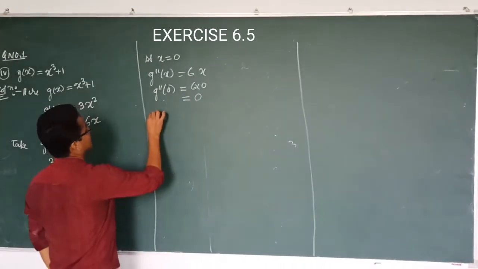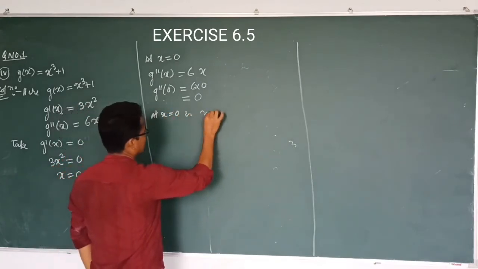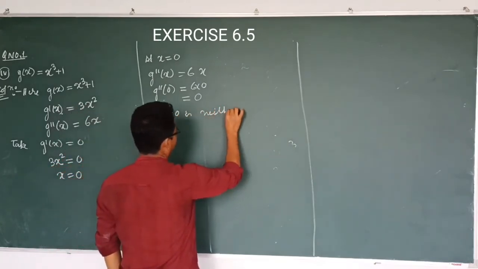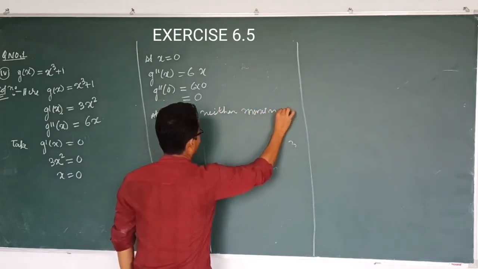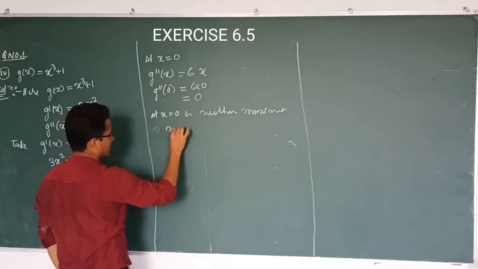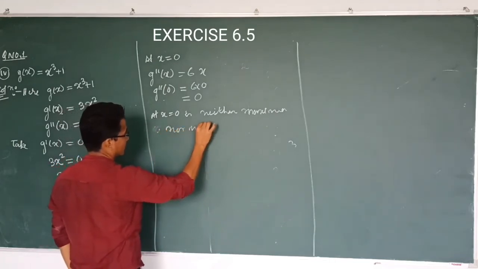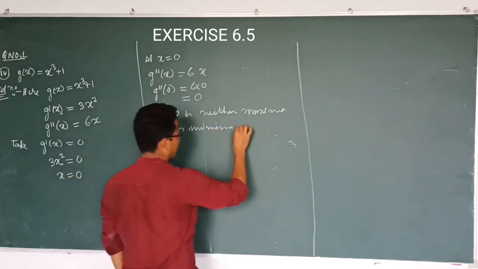So at x equal to 0 it is neither maxima nor minima. So what we call it is a point of inflection.